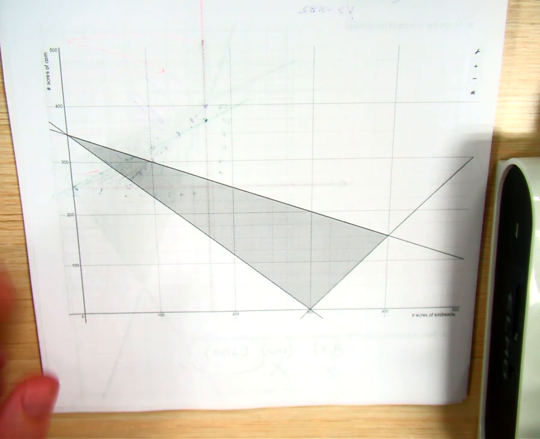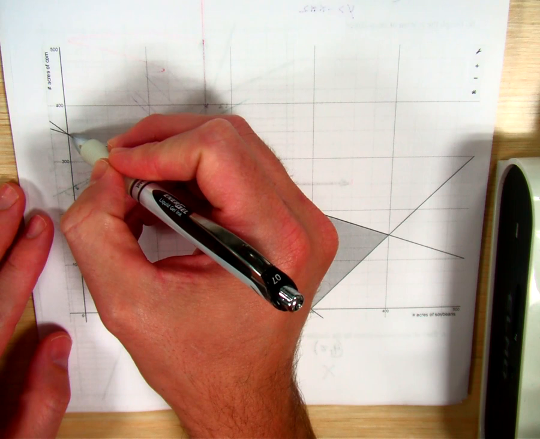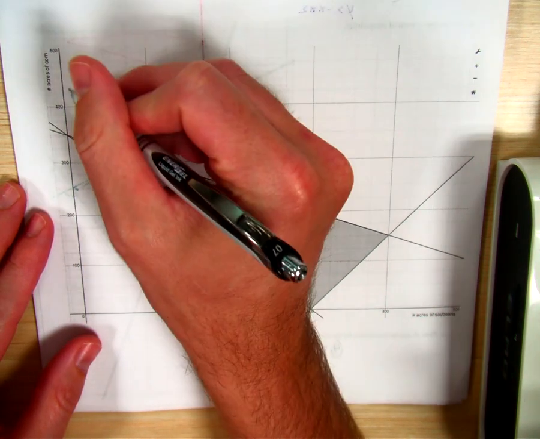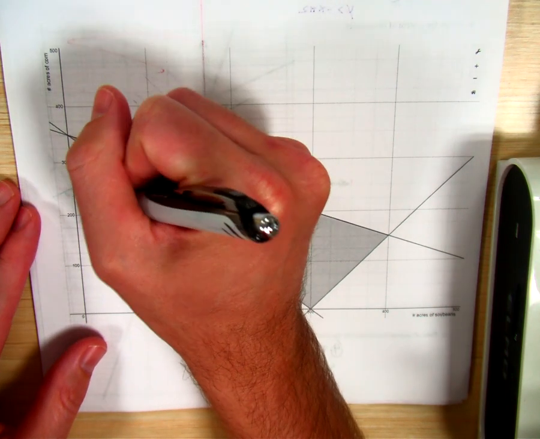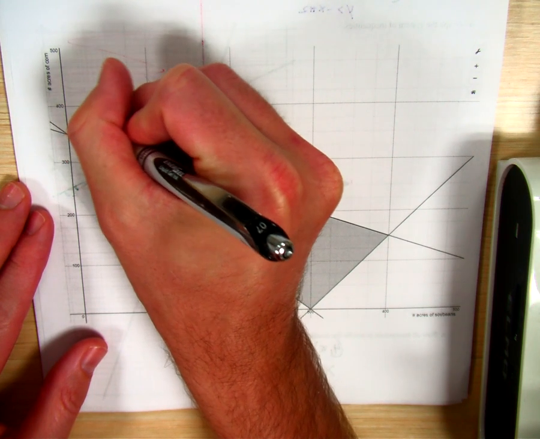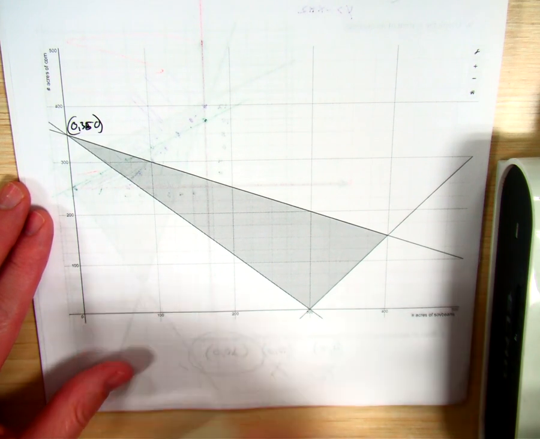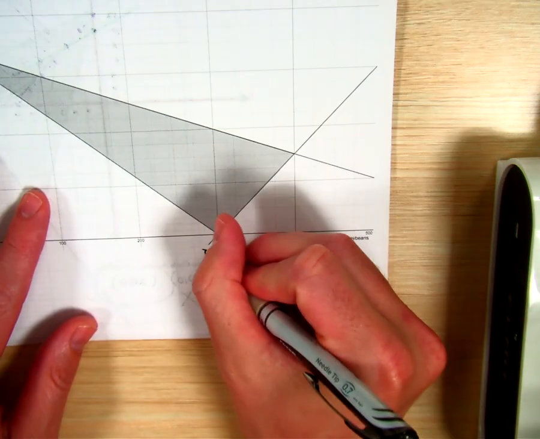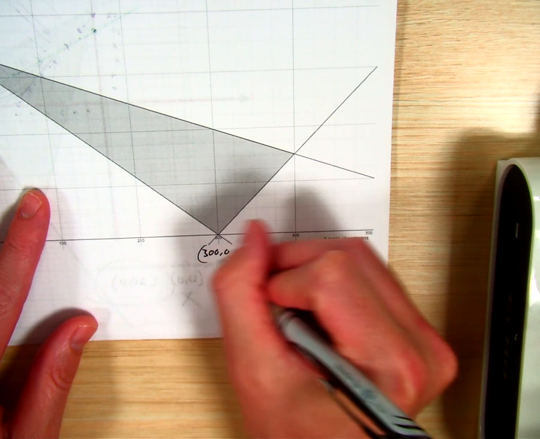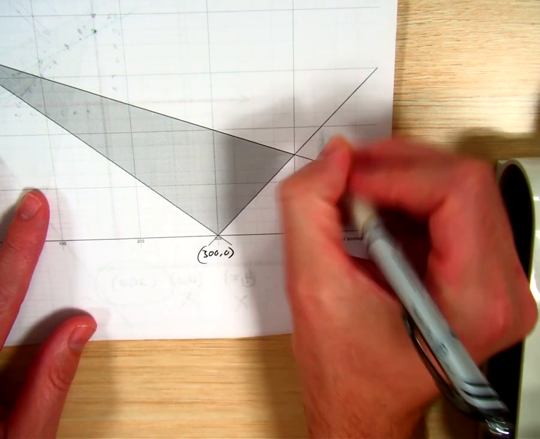Okay, so we need to test these three corners. We got 0, comma, looks like we're going by 25s on these very faint grid lines. This is going to be 0, comma, 350. This one's 300, comma, 0. And then we have 400, comma, 150.